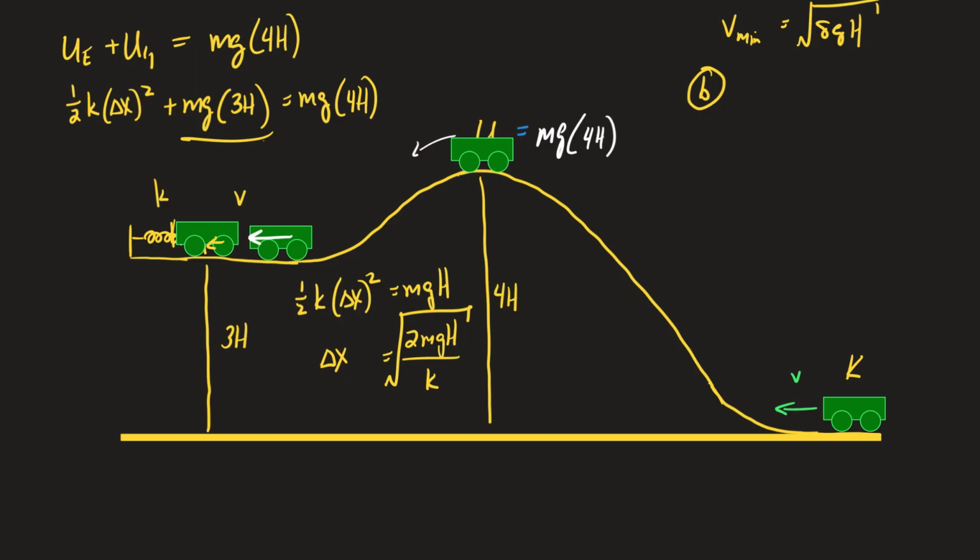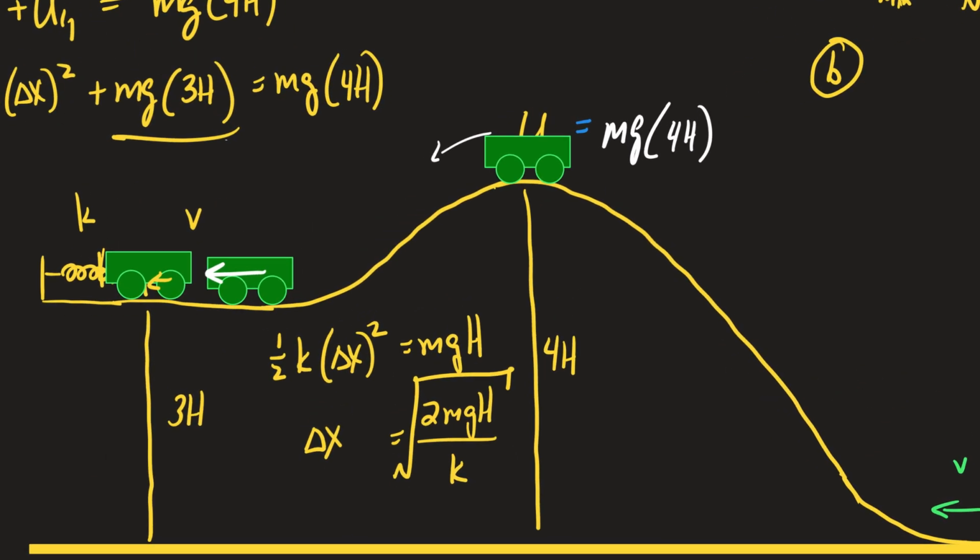At this instant, right there, the cart is above the reference level, so that means it has gravitational potential energy. And it's moving, so it has kinetic energy. Now, that's great and all, but we need to compare this to the amount of energy the cart has, to know how much of that energy is kinetic.